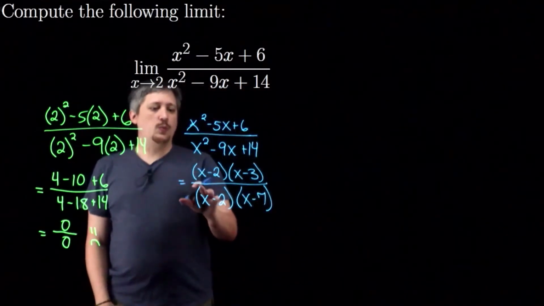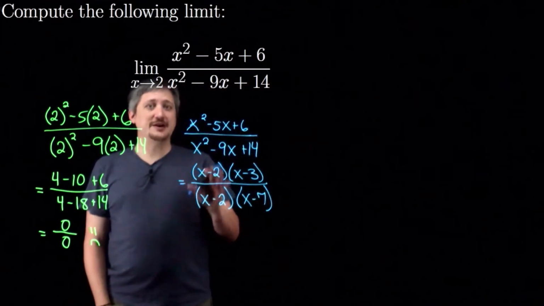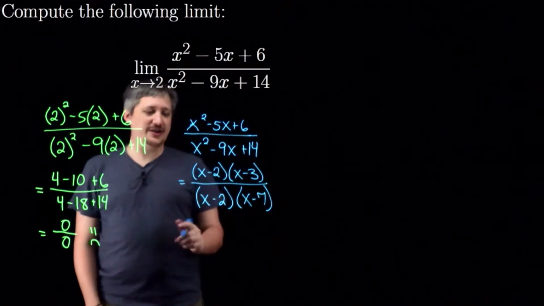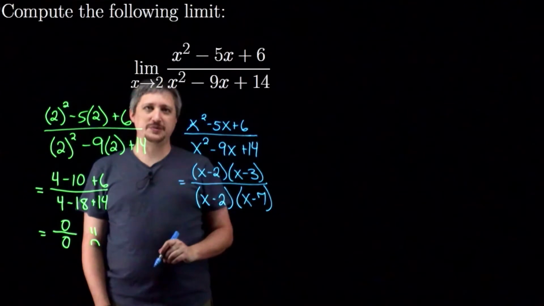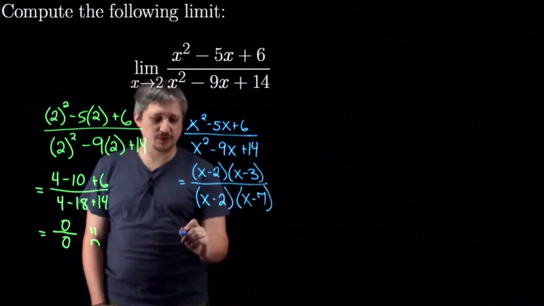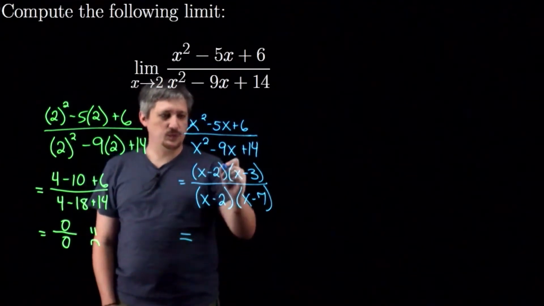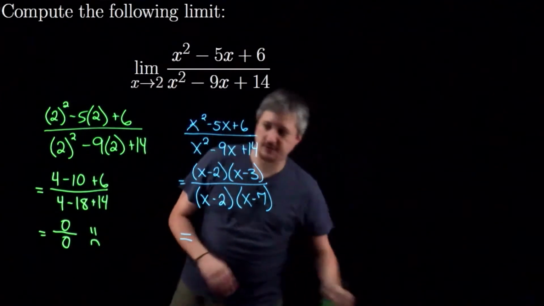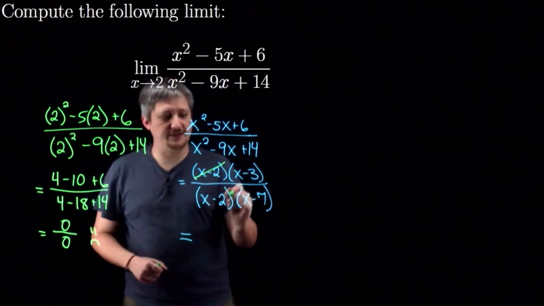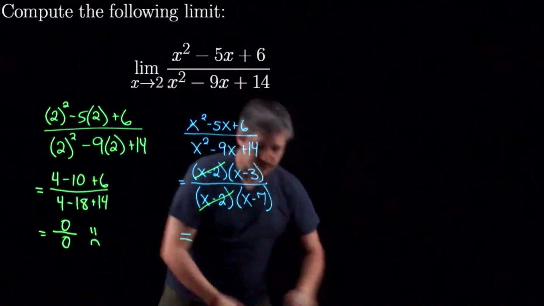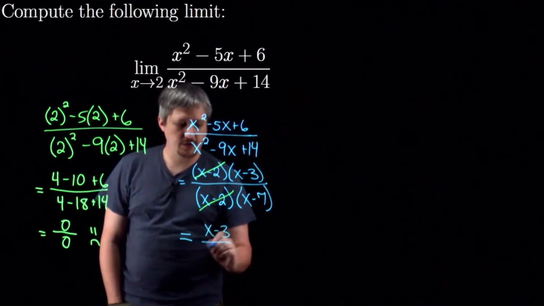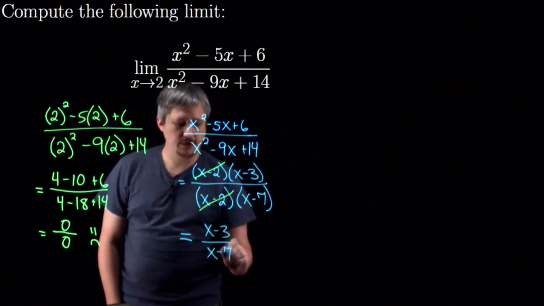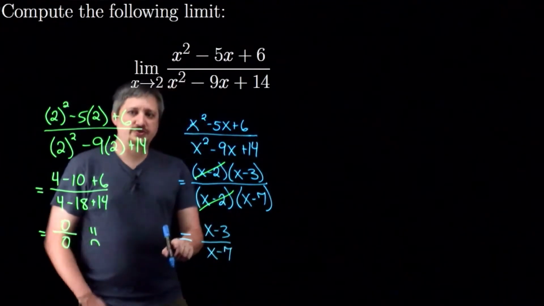So to be very clear about the math notation, I could not write that this equals the thing with it canceled out, right? If I wrote this, where I'm canceling these terms, and I wrote this equals x minus 3 over x minus 7, this is not quite true, right?